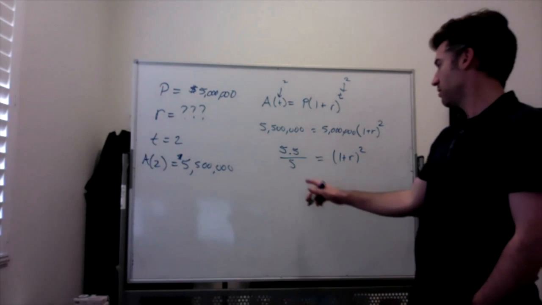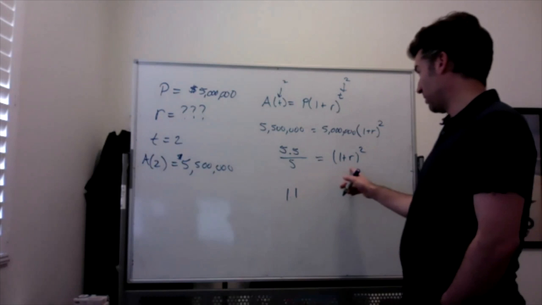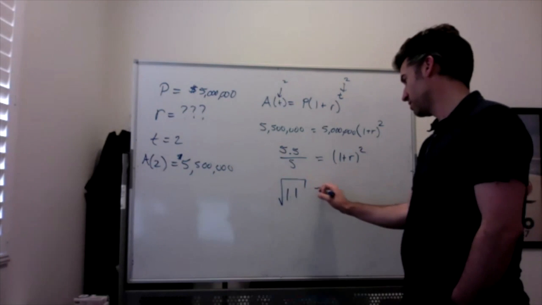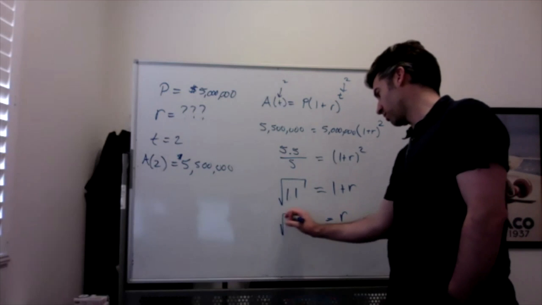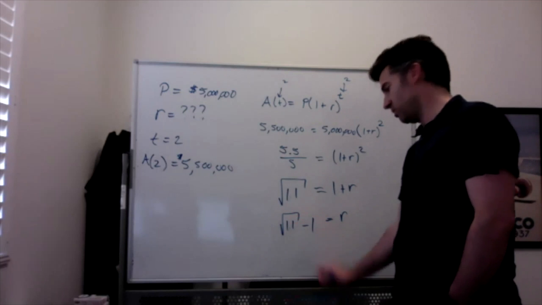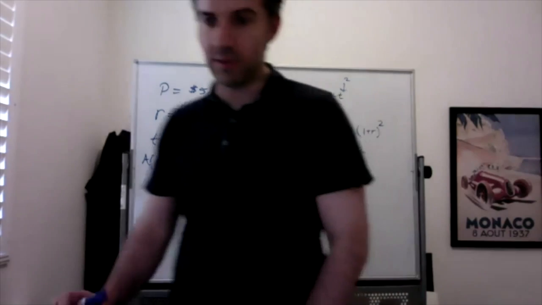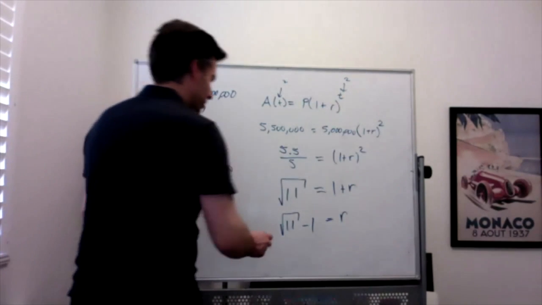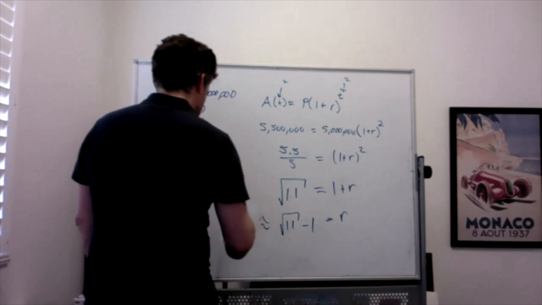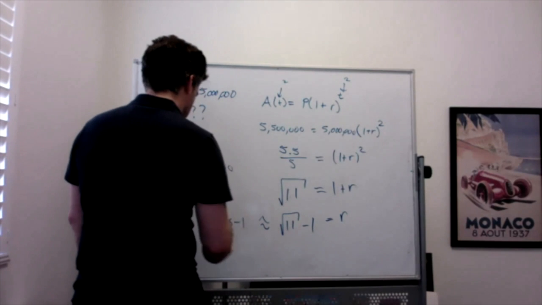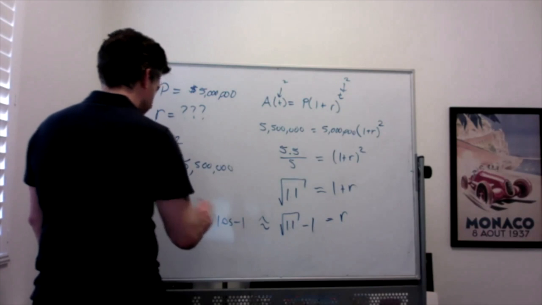I'm going to square root both sides to get 1 plus r. So r is going to equal the square root of 1.1 minus 1. And using a calculator, interestingly, it's approximately 1.05 minus 1, which is 0.05.